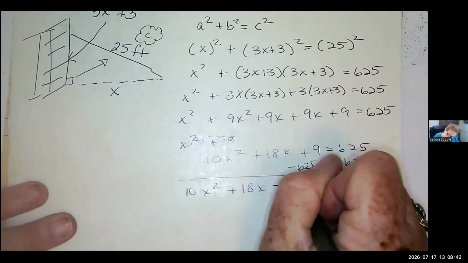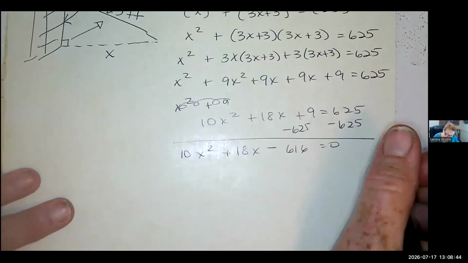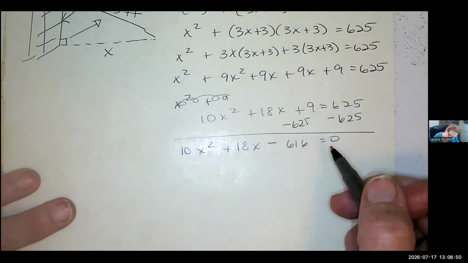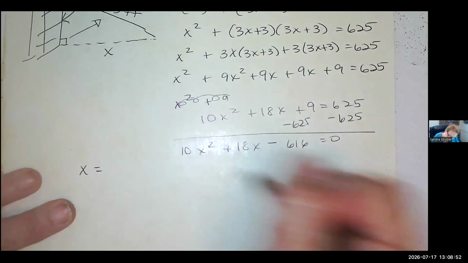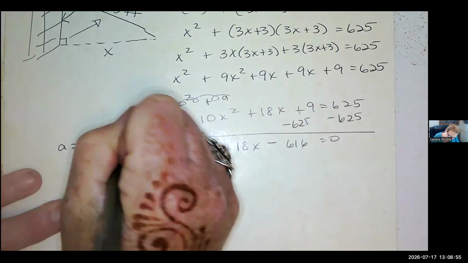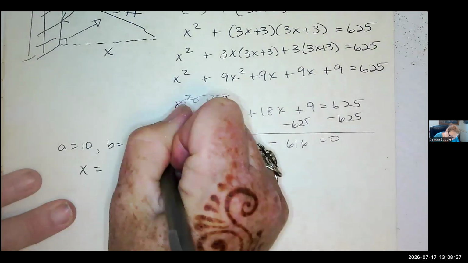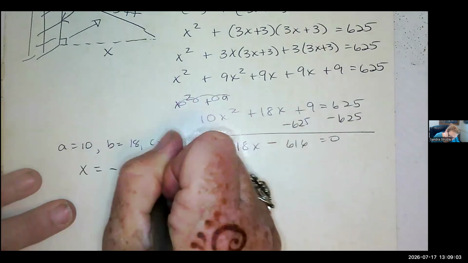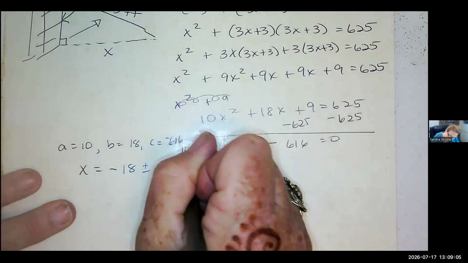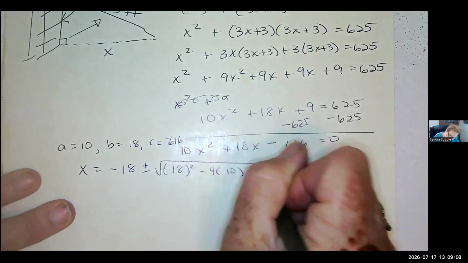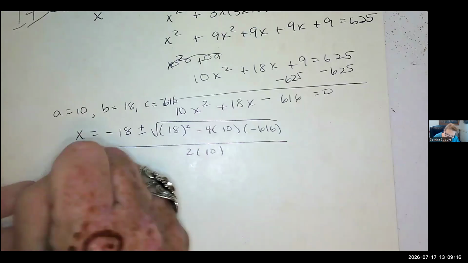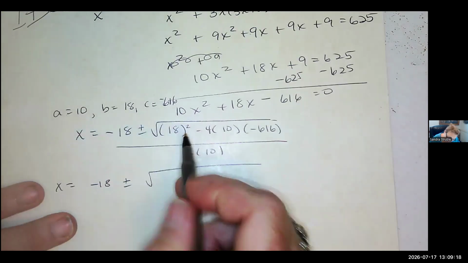All right, I'm not going to factor out a 10. I think I'm going to use the quadratic formula on this just to make life easier. So A is 10, B is 18, C is negative 616. Negative 18 plus or minus the square root of 18 squared minus 4AC, all over 2 times A. 18 squared is 324.